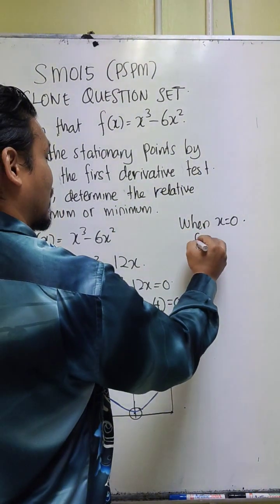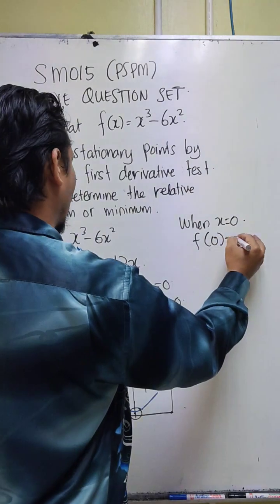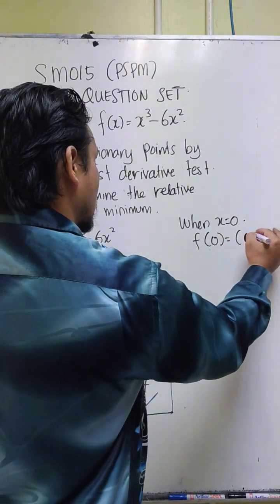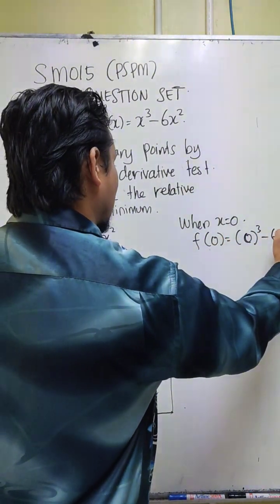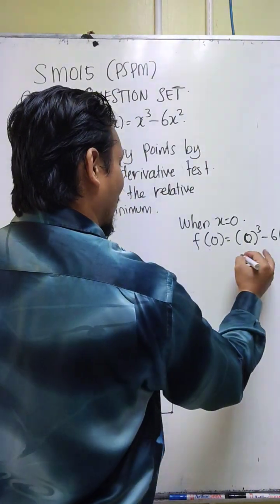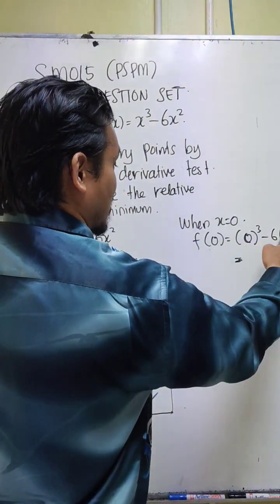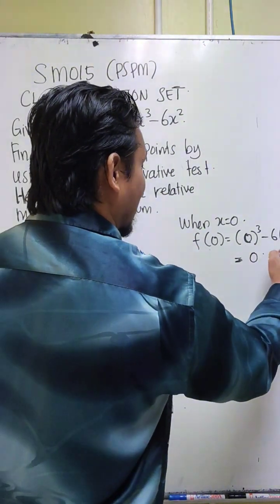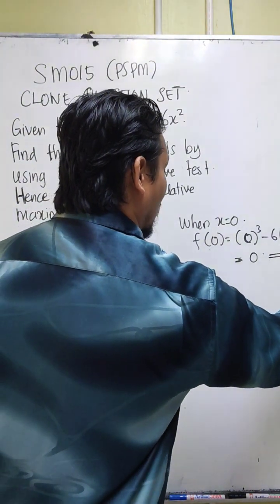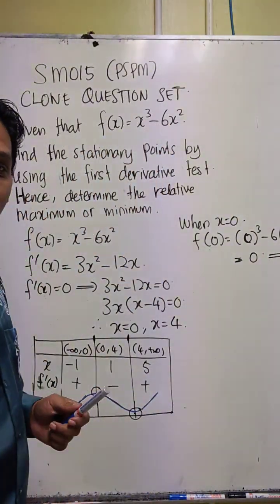Then f(0) equals 0 cubed minus 6 times 0 squared, which is 0. So it gives us the coordinate (0, 0).